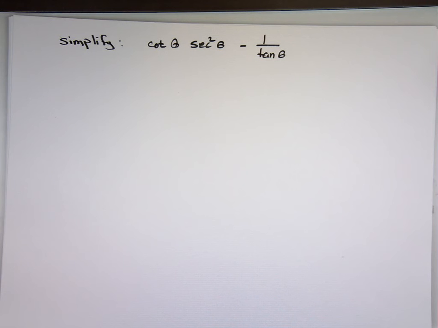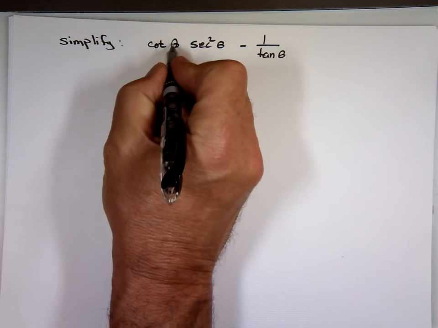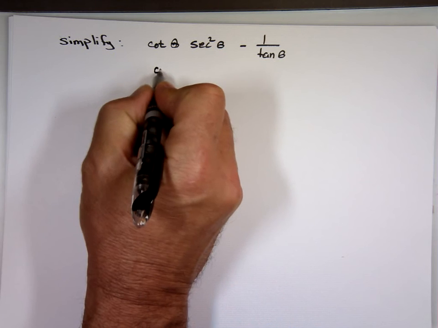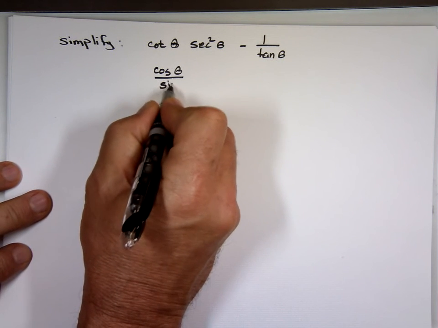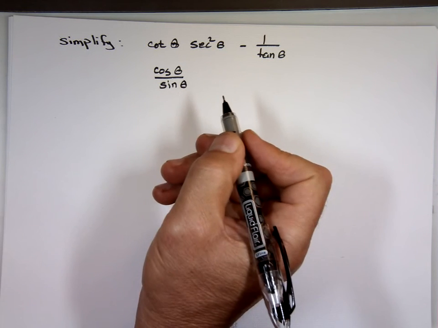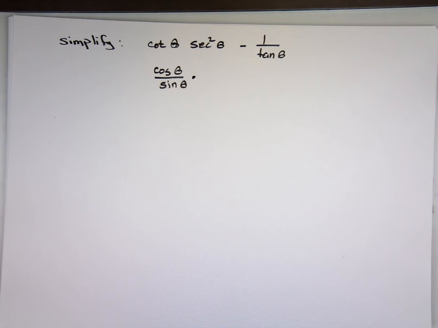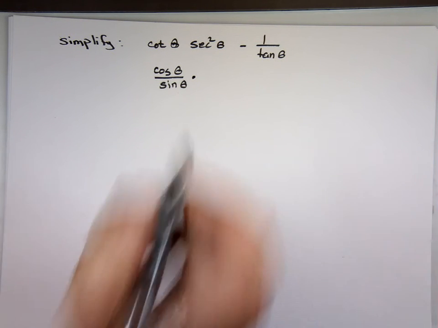Again, I have no idea what the solution to these is, so we're going to go through it. Cotangent, what is that? Cosine theta over what? Sine theta. Times secant. Secant is what? 1 over cosine, but that's a squared. 1 over cosine squared theta.